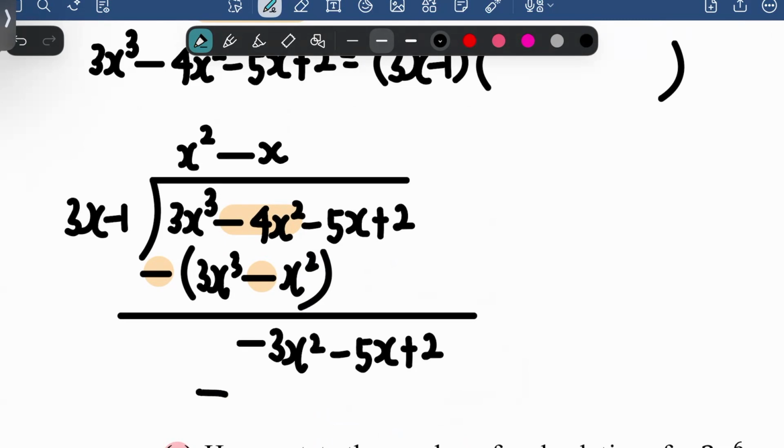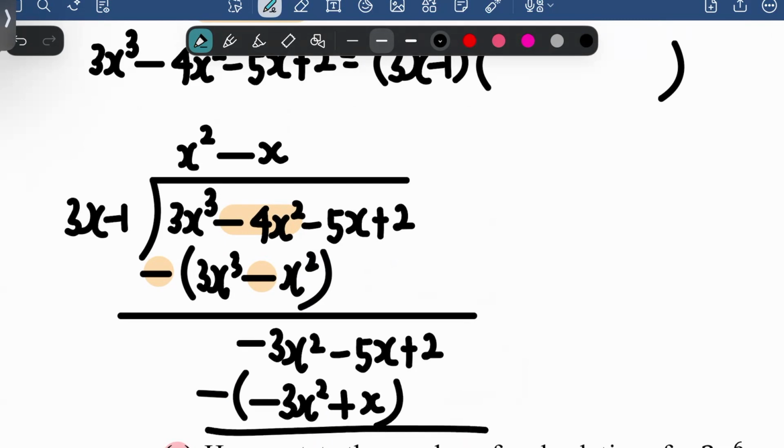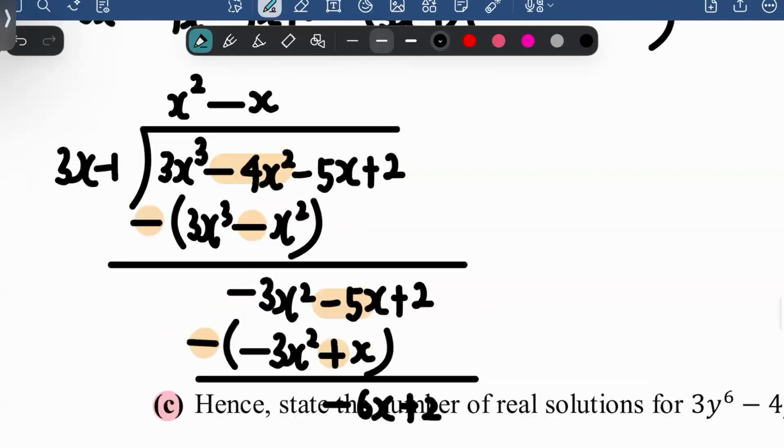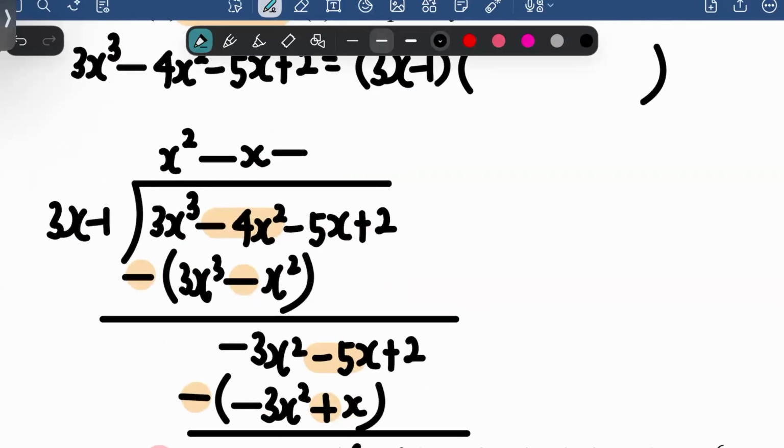So minus x. So this is minus 3x squared plus x, like that. Then this one here is gone. This is minus 5 minus 1, which is minus 6x plus 2. So you multiply by negative 2, is it?